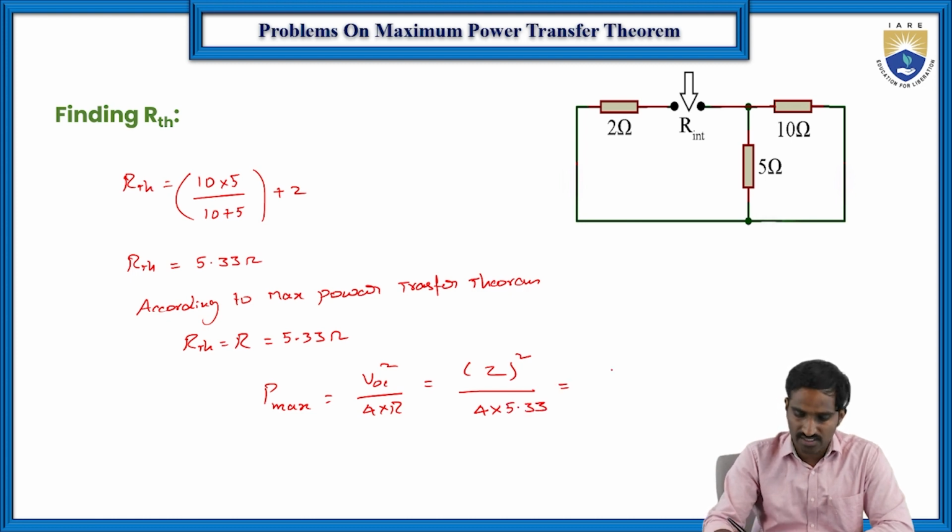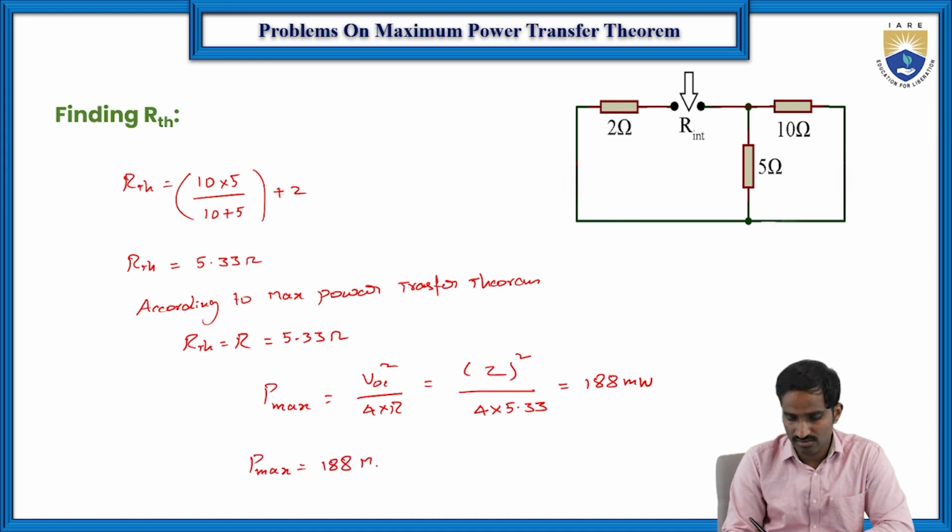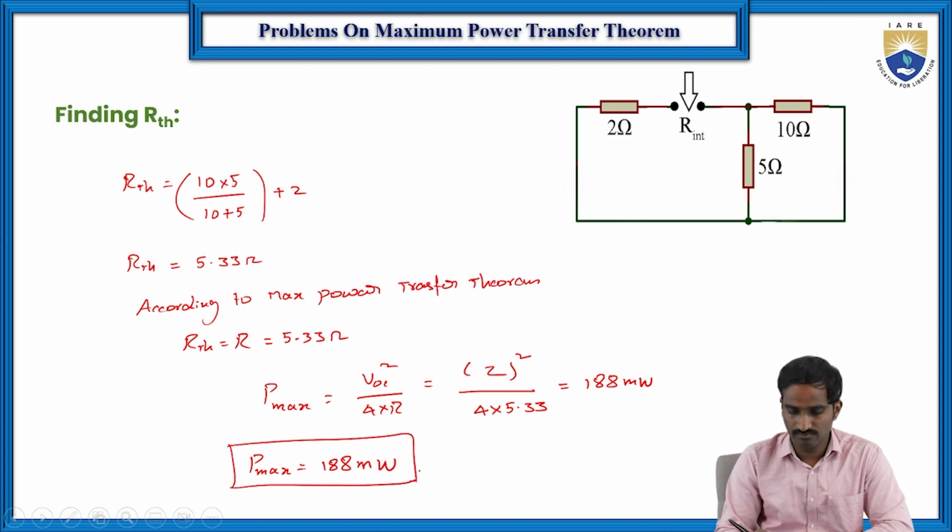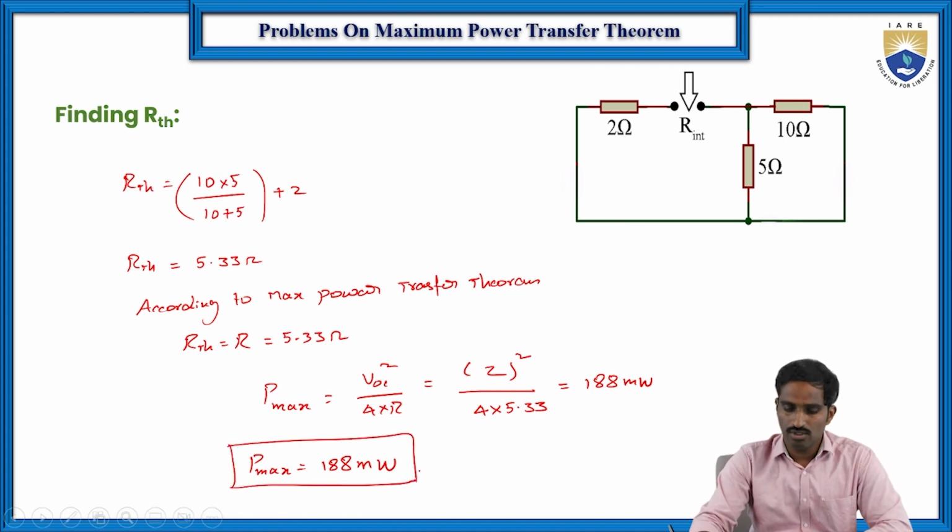Then the maximum value is 188 milliwatts. So P maximum is equal to 188 milliwatts, not mega. So this is how we can find the value of P maximum.